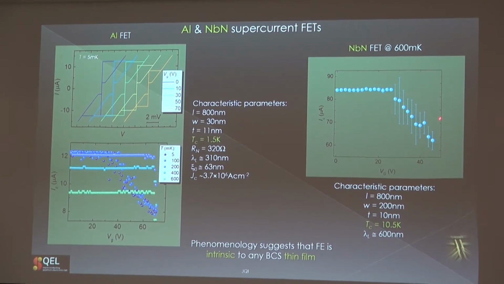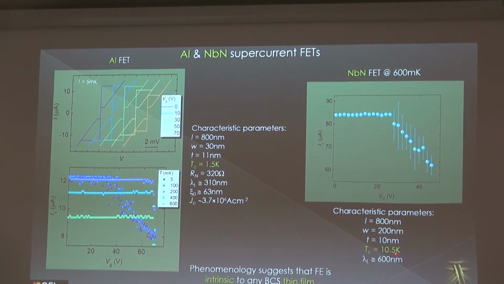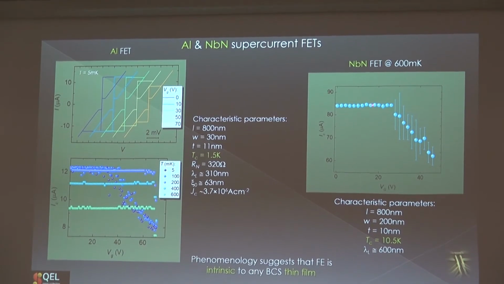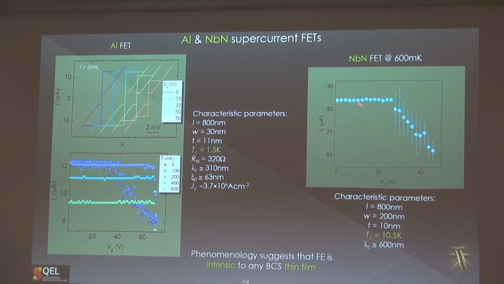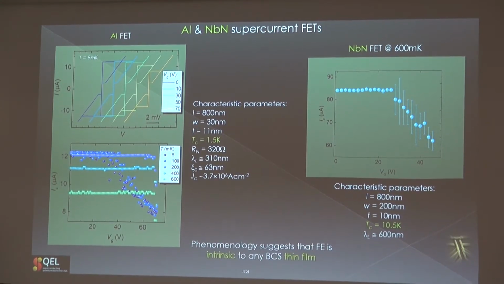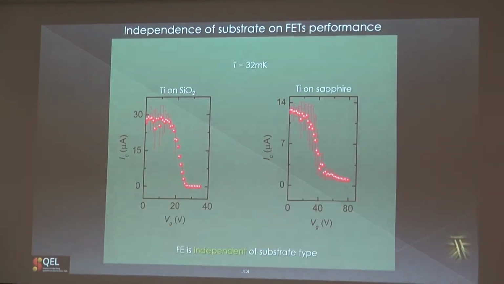Whereas for niobium nitride, up to 600 millikelvin, still in bridges made in the same way, with a critical temperature of 10.5 K and thickness of 10 nanometers, we are able to suppress by mostly 40%. So from 90 microamps down to 60, okay. So this phenomenology suggests that the field effect is intrinsic, apparently, to any metallic BCS superconductor, okay.